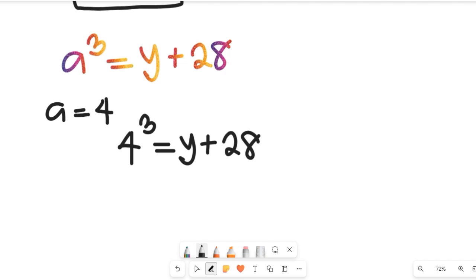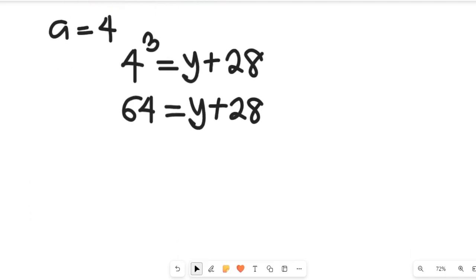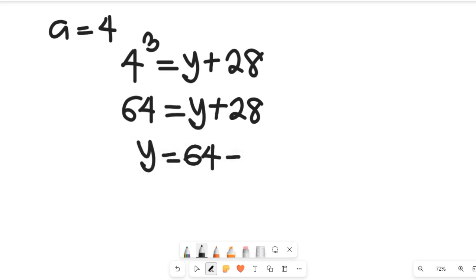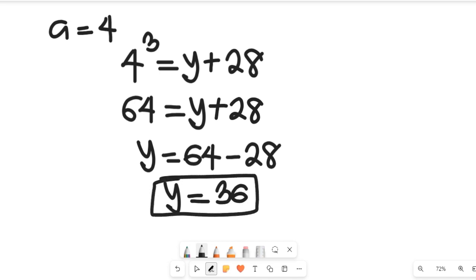So 4 to the power of 3 is equal to 64, right? And this will be 64 equal to y plus 28. So the value of y will be equal to 64 minus 28, and our y will be equal to 36. So the value of y is equal to 36 when a is equal to 4.